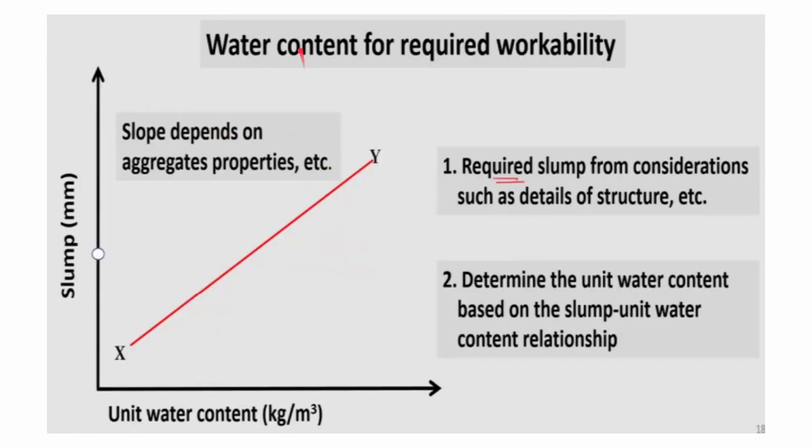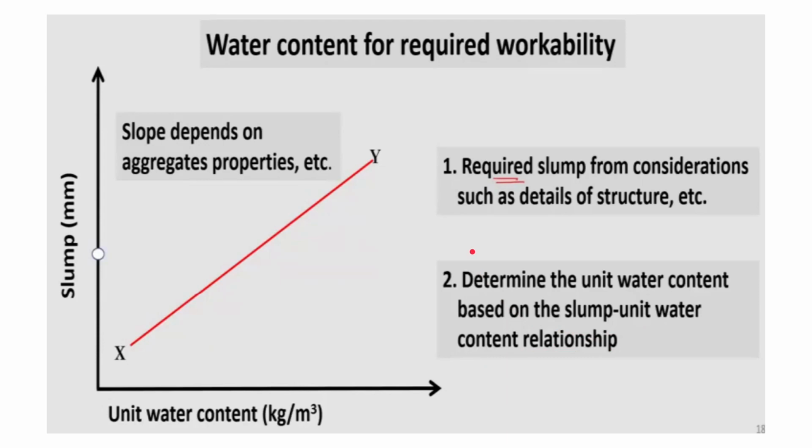Second is the water content. Water content is required for the workability or the slump. As we saw, slump is directly proportional to unit water content, and it is linear. The slope, as we discussed, depends mainly on the aggregate properties. The required slump comes from considerations such as details of the structure and other parameters, and we need to determine the unit water content based on the slump unit water content relationship.